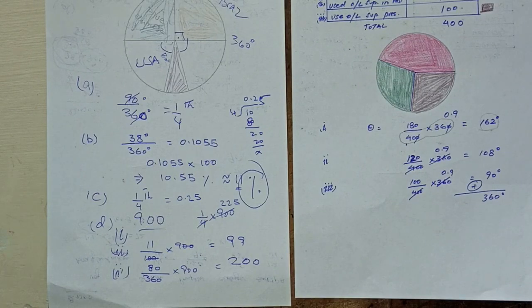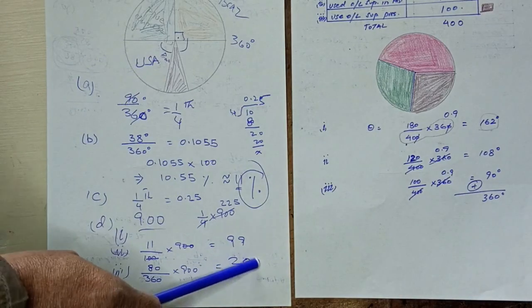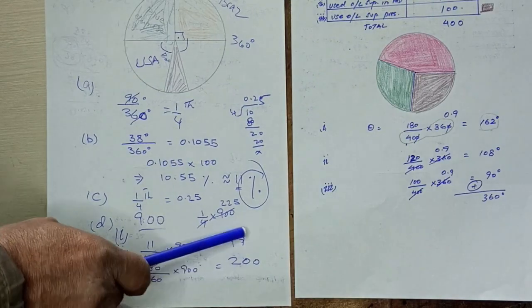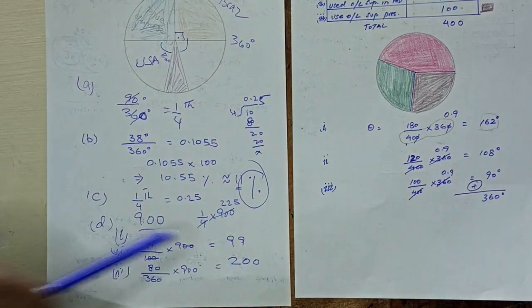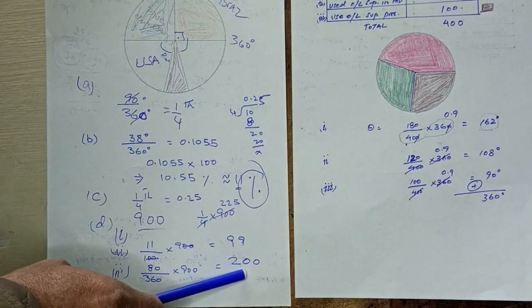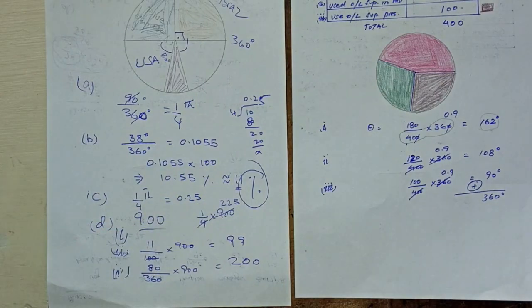So it is 200. So the American students are 200, Indian students are 99. In fact, this is one short over here. So 299, and 225 for the Chinese students, and the last is the French students.